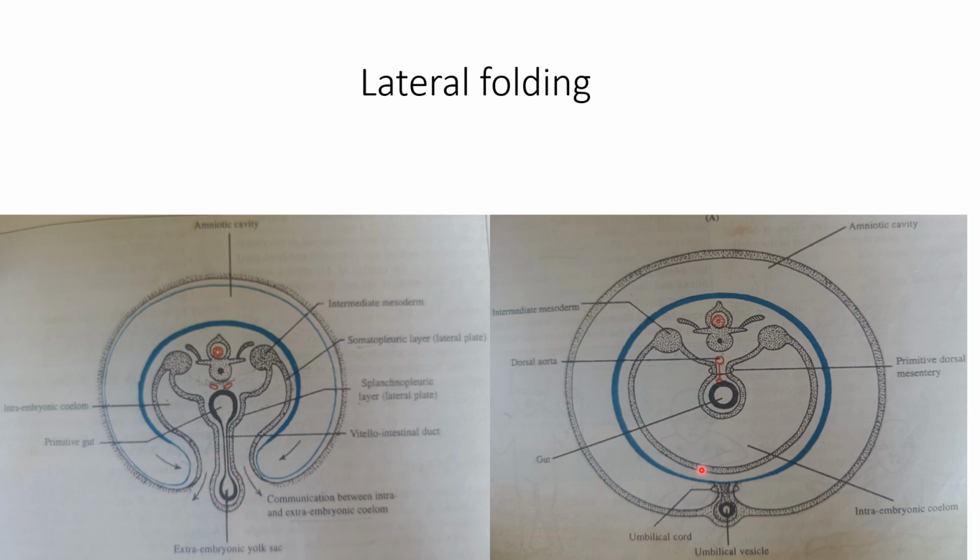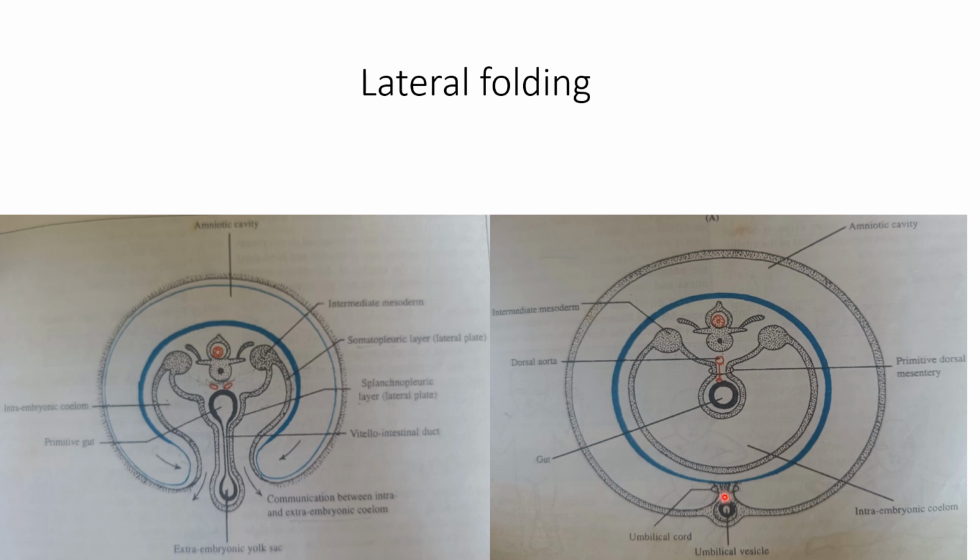Now later on, with the completion of the lateral folds, they are converging towards the ventral aspect. So they are forming the tubular sheath around the connecting stalk, and now the connecting stalk is converted into umbilical cord. So you can see the umbilical cord is formed here with the ventral convergence of the lateral fold.